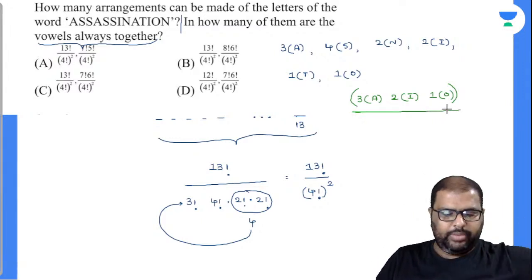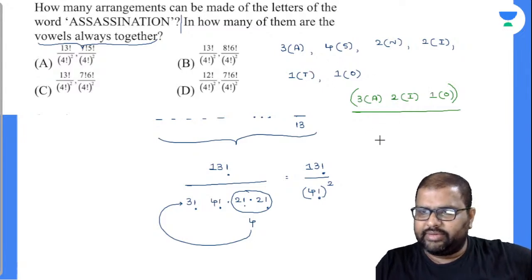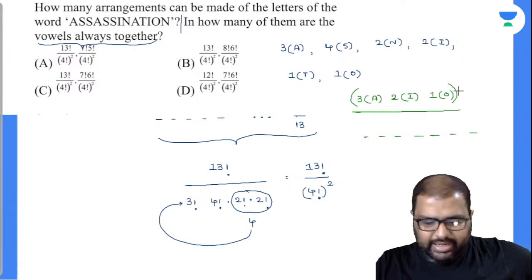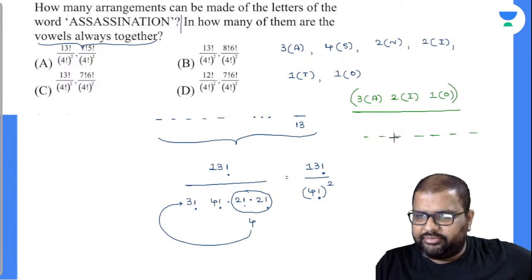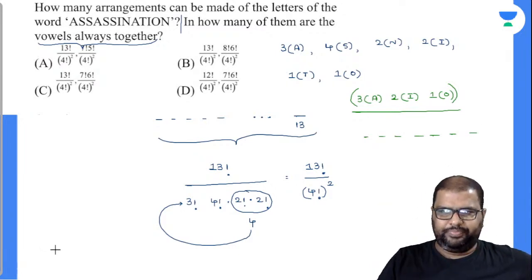Apart from vowels, how many letters are there? 4 S's, 2 N's, and 1 T: 7 are there. Am I right or wrong? Yes, 7 are there. So I'll write down those 7 blocks like this: 1, 2, 3, 4, 5, 6, 7. Now see, your vowel block might be in the first block, second, third, 4, 5, 6, 7, 8. Yes or no? Yes, perfectly.